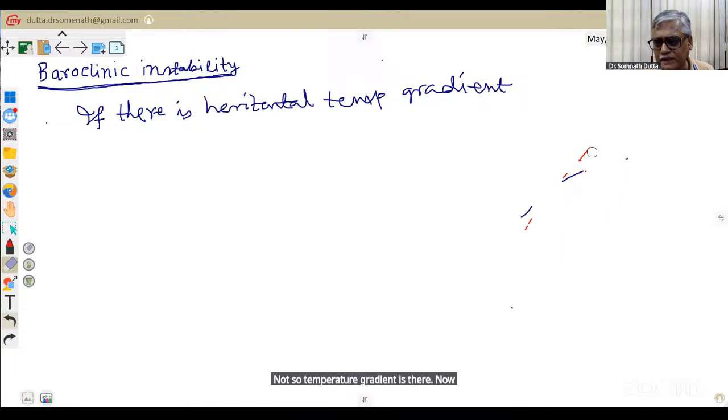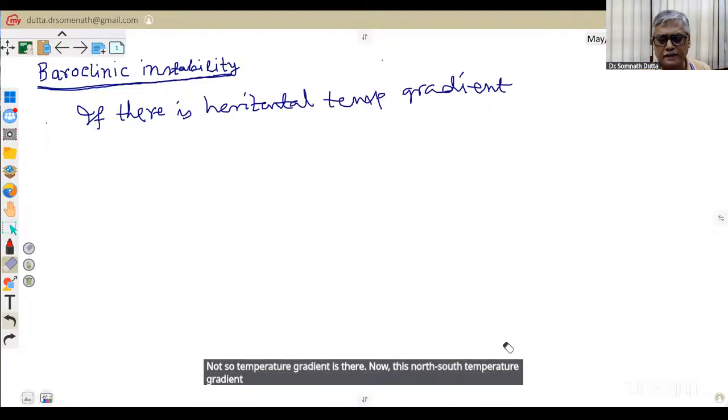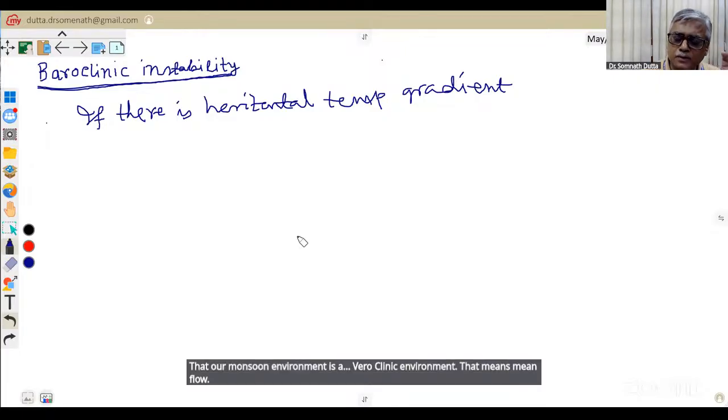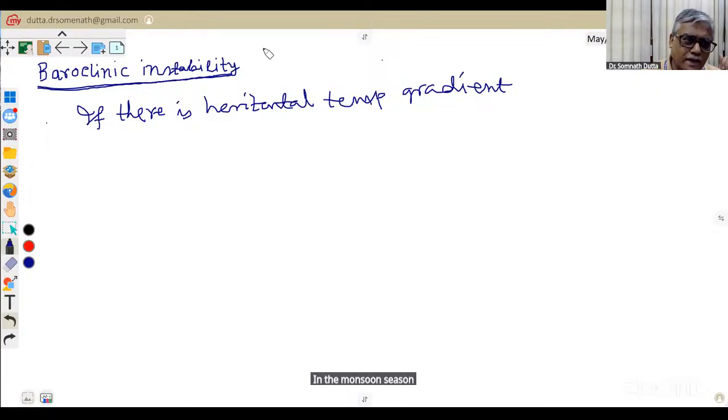Now, this north-south temperature gradient implies that our monsoon environment is a baroclinic environment. That means the mean flow in the monsoon season is baroclinic. So for analyzing baroclinic instability, first of all we need a baroclinic mean flow, not unstable.